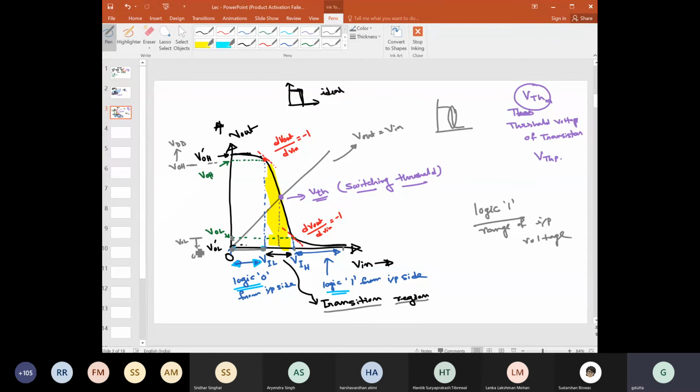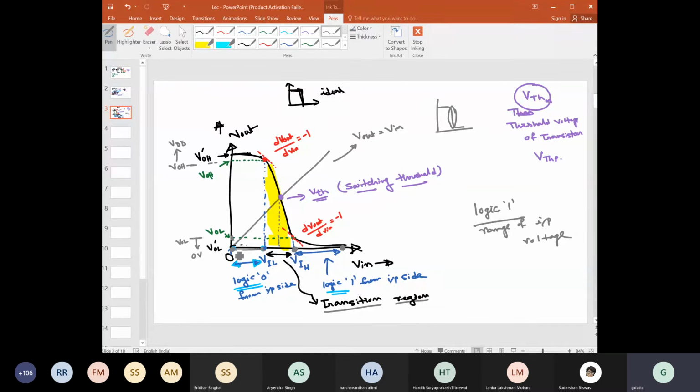Just to give you some idea, in case of this inverter, any voltage in this range can be considered as logic 0 on the input side. Similarly, any voltage between VIH and VDD can be considered as logic 1 on the input side.